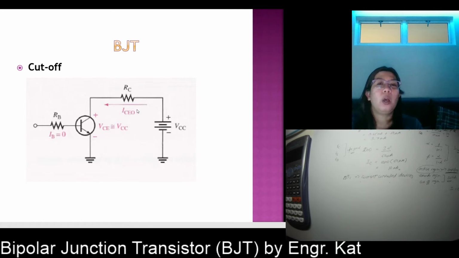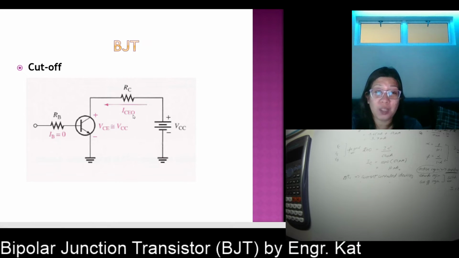Actually we have a very small leakage current there, and for common emitter configuration, we call that ICEO. So what does ICEO stand for? It is the collector to emitter current. What is missing here? Base. When the base is open.